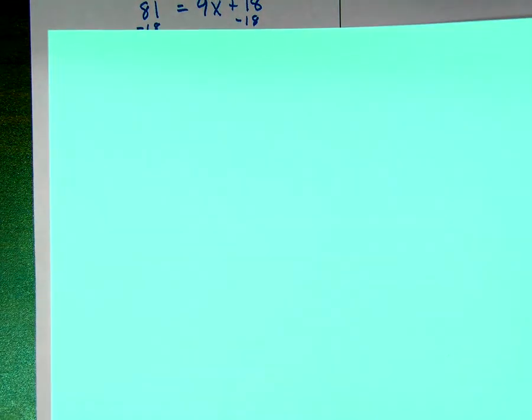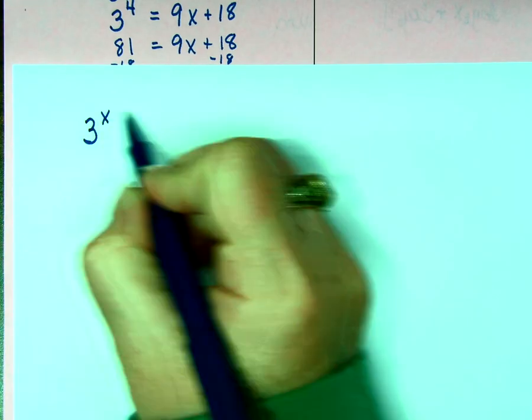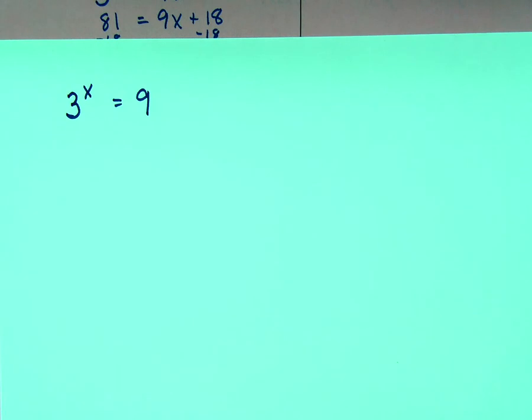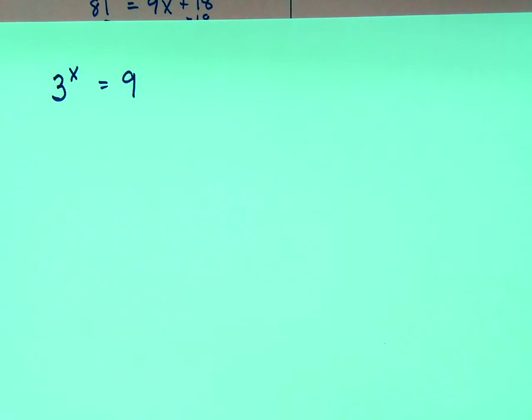What if it's written in exponential form? Like 3 to the x power equals 9. Well, I think probably most of you could look at that problem and tell me what the answer was, right? But thinking about how we solved this problem, because we've actually done this problem before. We've done a problem like this before.